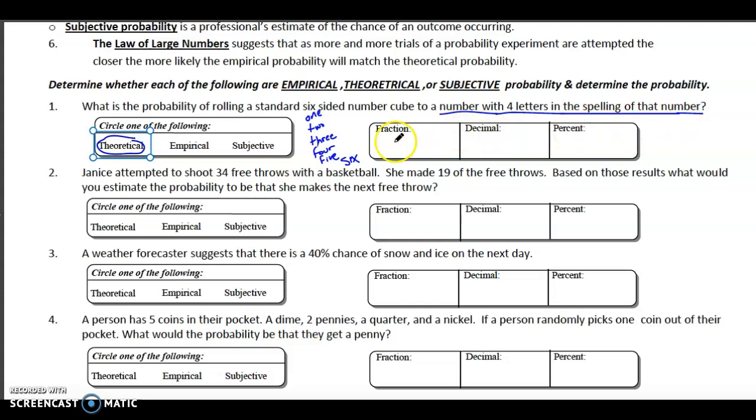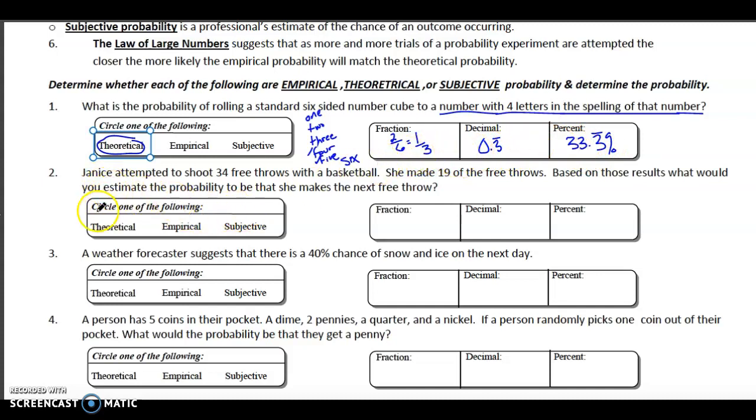You've only got 4 and 5, if I'm not mistaken. 6, 2, and 1 have 3 letters in their spelling. 3 has 5. So we've got 2 numbers out of 6, which can also be written as 1/3. As a decimal, that's 0.3 repeating. And as a percent, we would write that as 33.3 repeating percent. You may see this rounded off to 33% or 0.33, but that's the theoretical probability there.